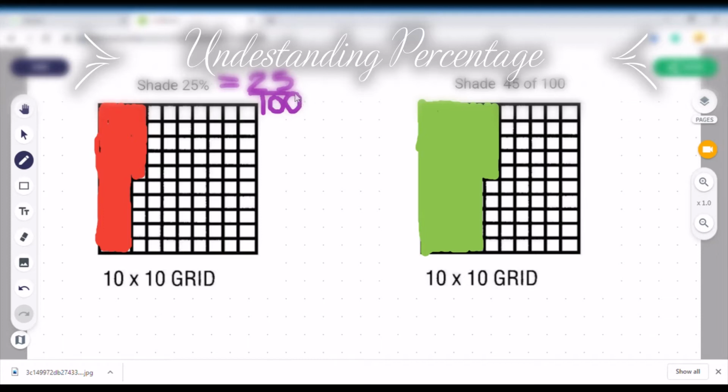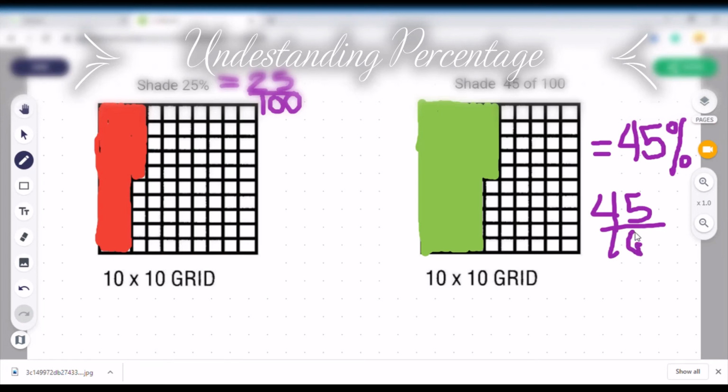And this 45 out of 100, when we write this in percent, is 45%, or 45 per hundreds.